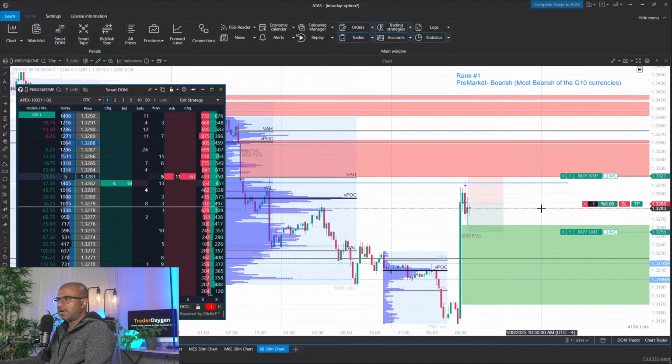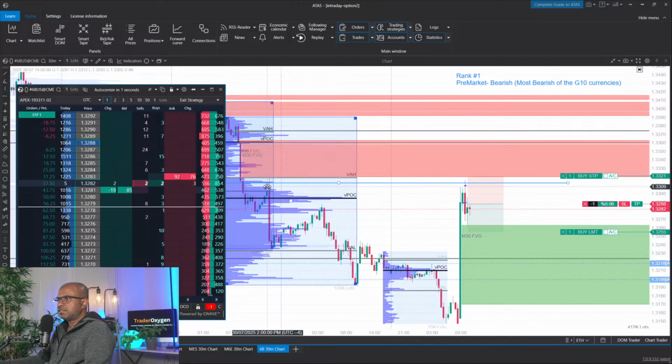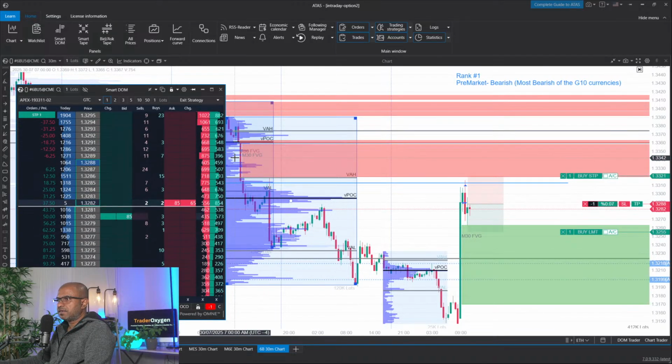Trading happens, but it's kind of slow. You can see more sellers popping in this area. The red numbers are higher in this area compared to the green numbers, which means the sellers have been slightly dominant.